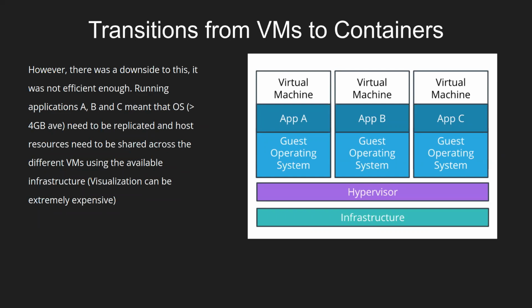So in essence, this then becomes expensive. You would imagine if you are running multiple websites in virtual machines, each website would have its own virtual machine on the infrastructure, then this just becomes extremely expensive.